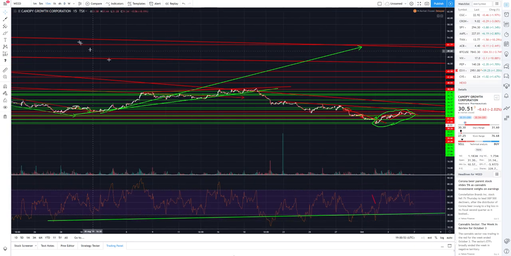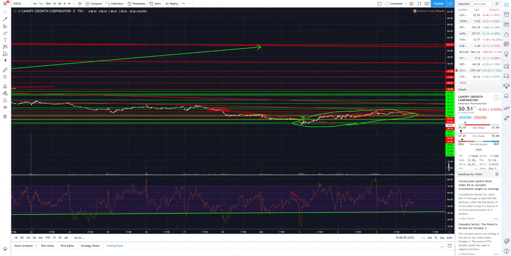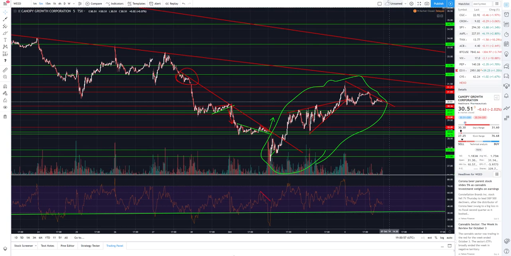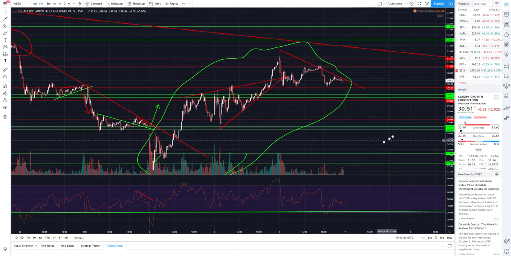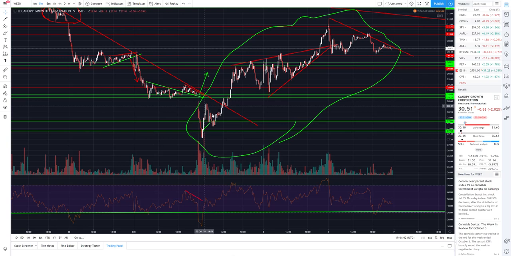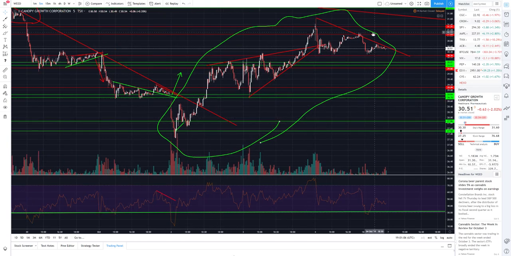But why do I think it might be a very significant bottom? Again, look at this pattern. Just memorize it. Bottom. This is 2 days work, by the way. This is the third day.